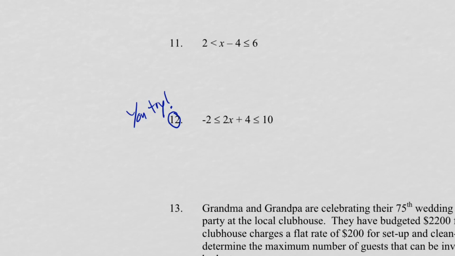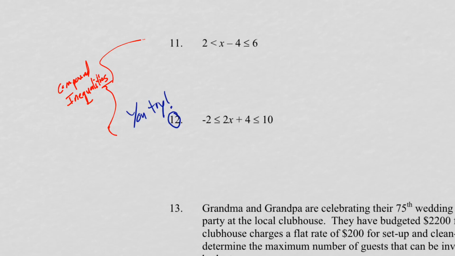Okay, when we get to number 11, we see some compound inequalities. Okay. And so if you see compound inequalities, it's like you're solving two equations at the same time. Okay, so, and that's okay. We just, instead of doing something to two sides, we're going to do it to three sides.